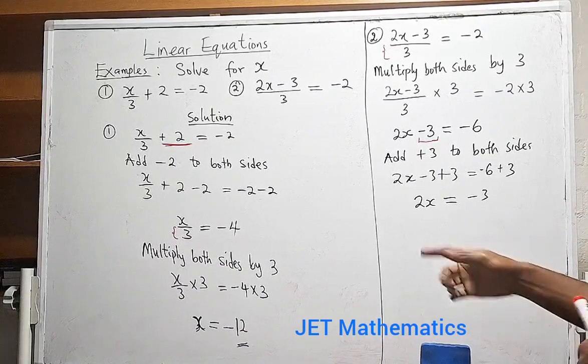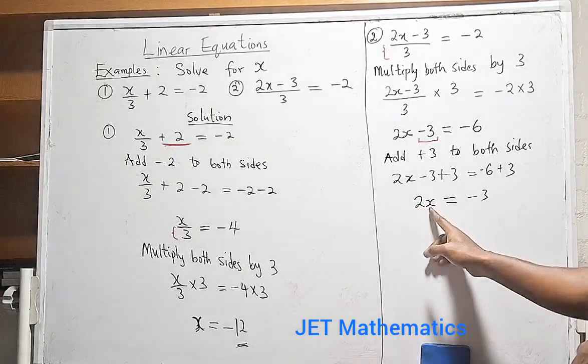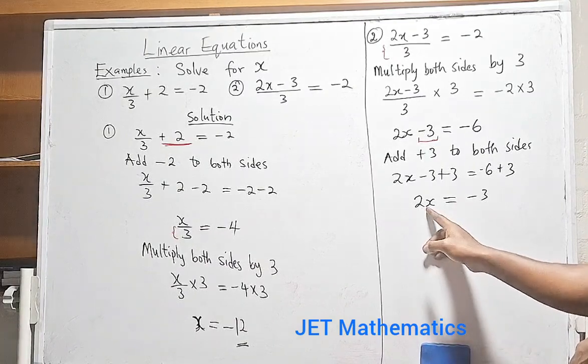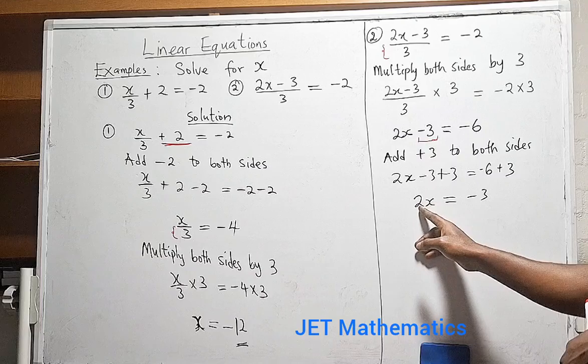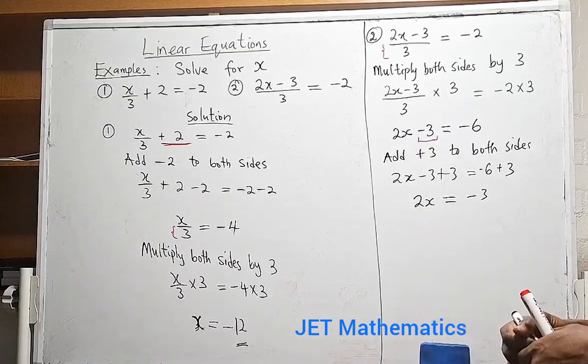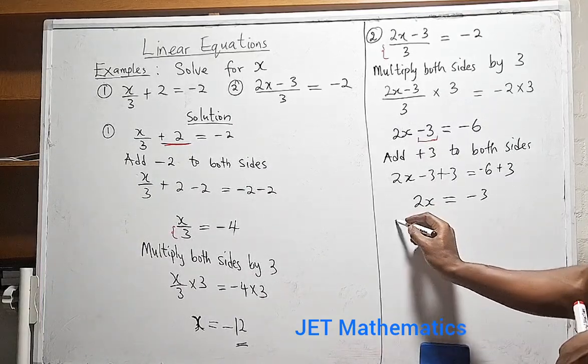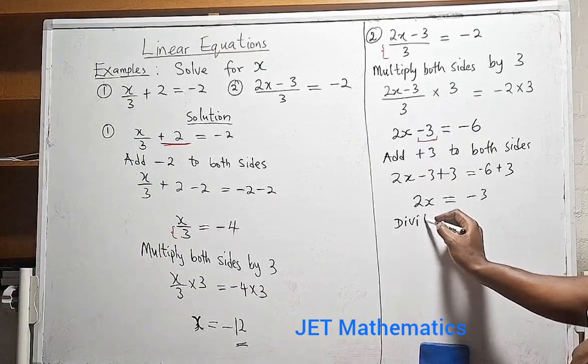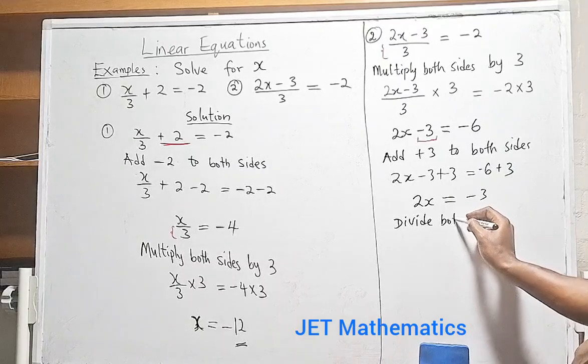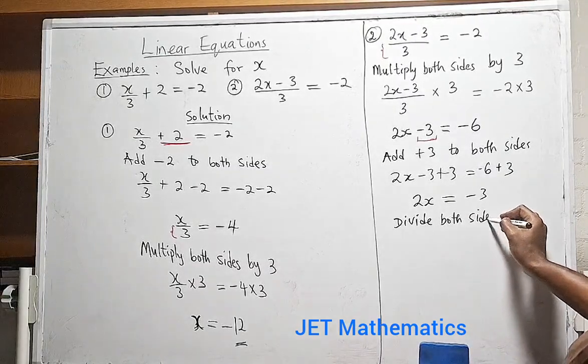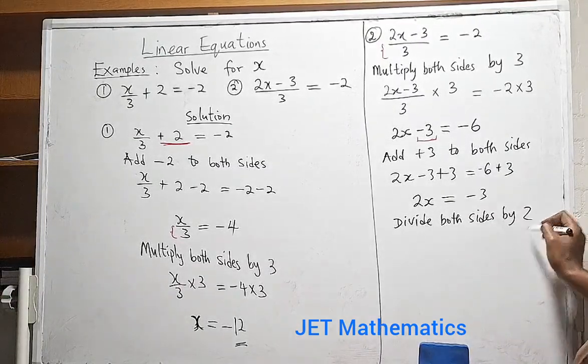So when you have 2 times x equals minus 3, 2 times x. So this is 2 times. The inverse will be divided by 2. So we say divide both sides by 2.